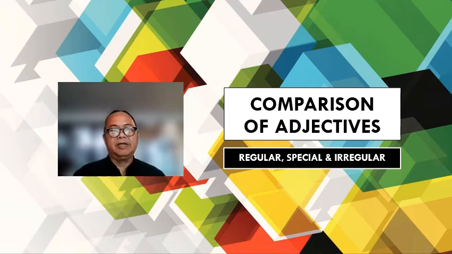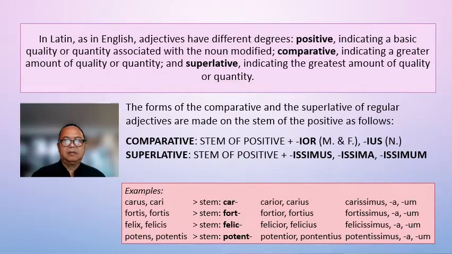Our lesson today is about comparison of adjectives, and we will cover here not only the regular adjectives in Latin, but also some special ways of comparison, and thirdly, the irregular comparison of adjectives. In Latin, we also find three different degrees of adjectives, just like in English.